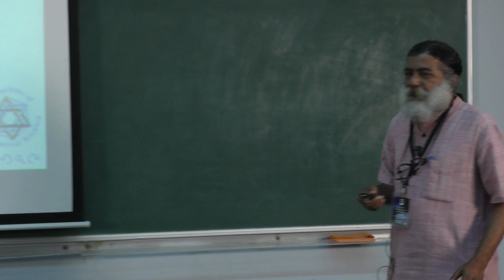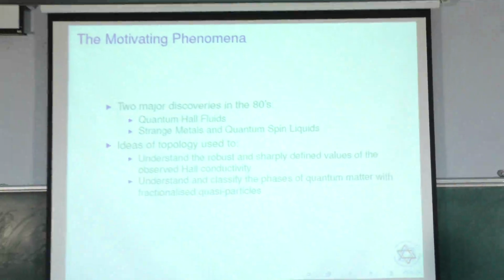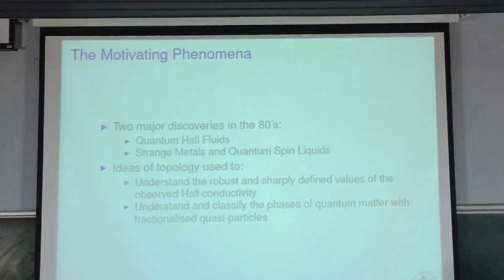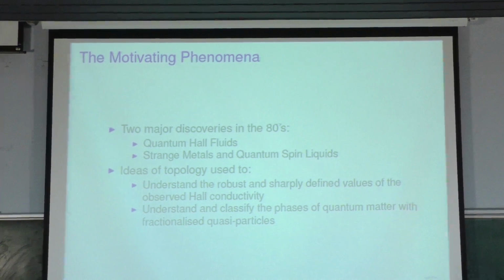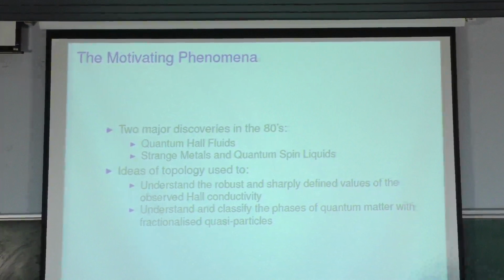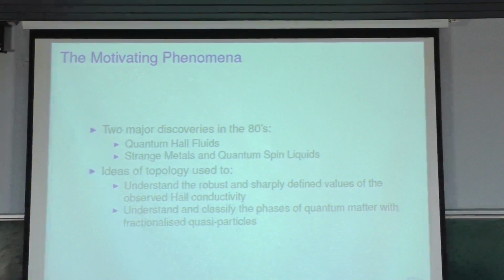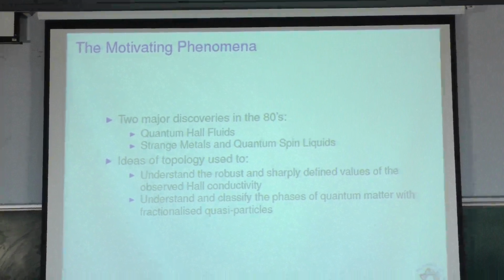And so ideas of applying topology came in. Why is the quantum Hall quantity such a robust quantity, sample independent, completely material independent, you get the same thing? It's so robust that people tried to explain it by identifying it with some topological invariant.